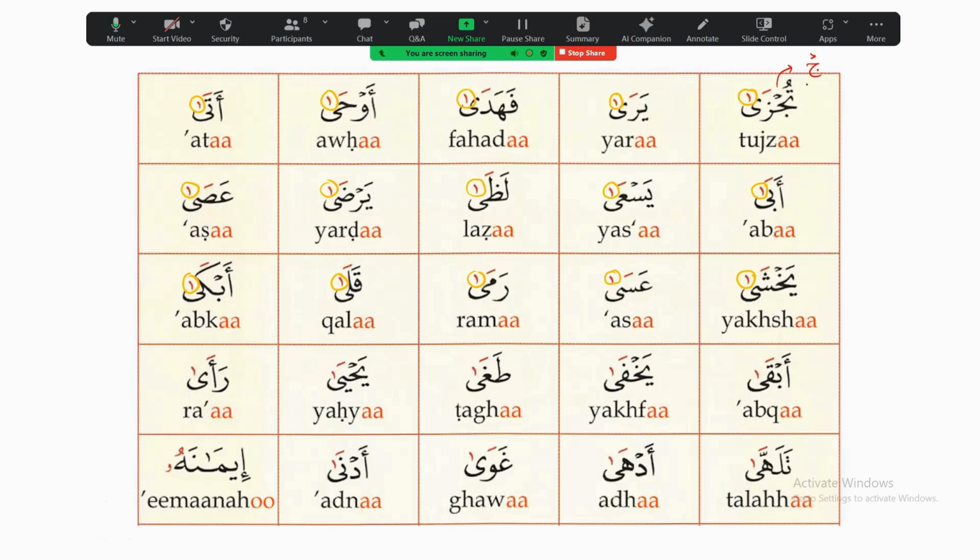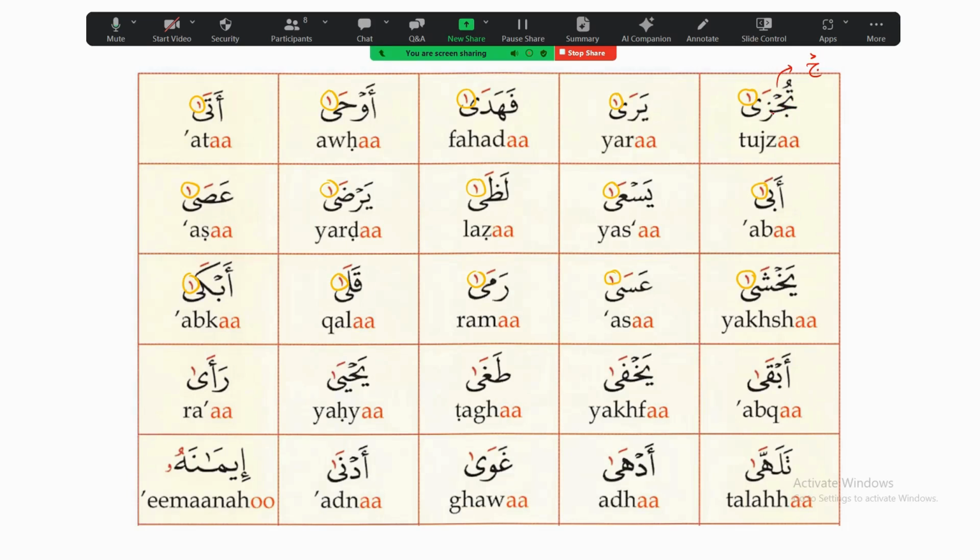I mentioned that there are 5 letters which, when they come with a sakin on top of them, we make a bouncing, the sound bounces back, and we call those letters qalqala letters, like there is this movement on them, the sound echoes. So that is why you see a Jim letter here, right? And it has a sakin, so we make the sound like tuj, tujza, tujza.